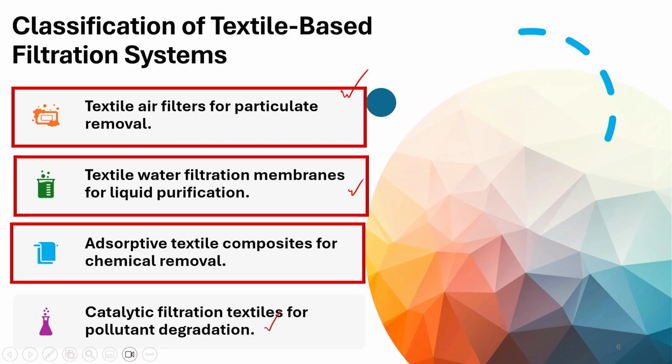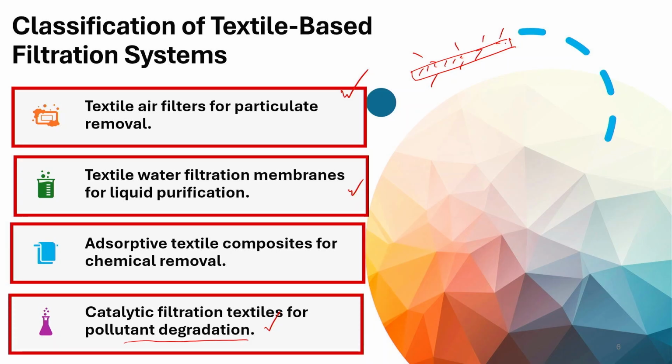So, we can use some textile material with some catalyst impregnated on it, and when pollutants come into contact with this material, they can get degraded.